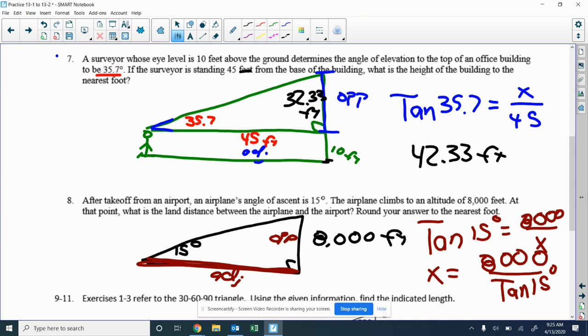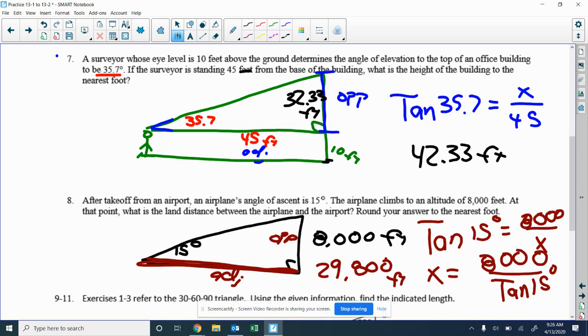And you can check the key, but it's around 29,000 and some change, 800 or so feet. So give or take a couple of feet there. So watch those. I think you'll be fine there.